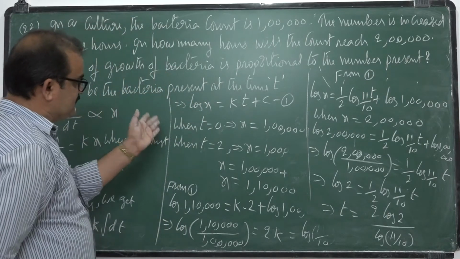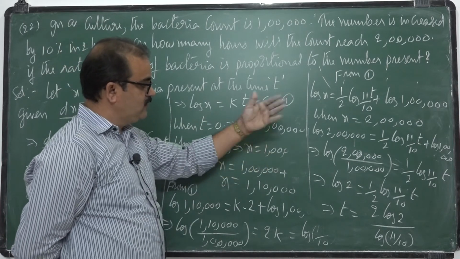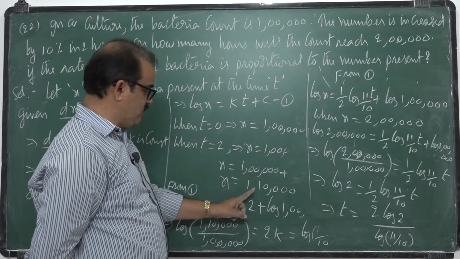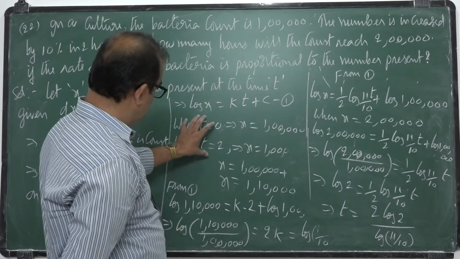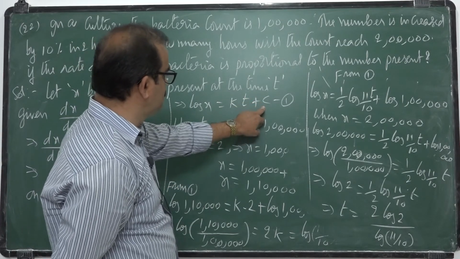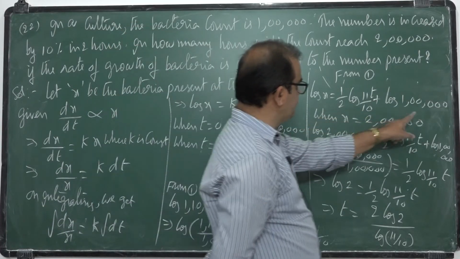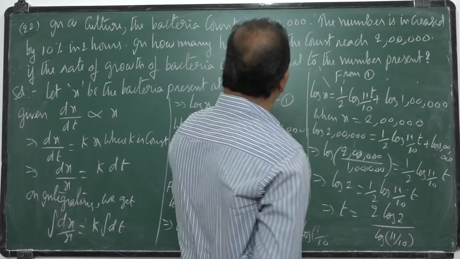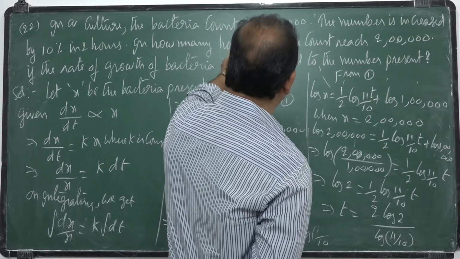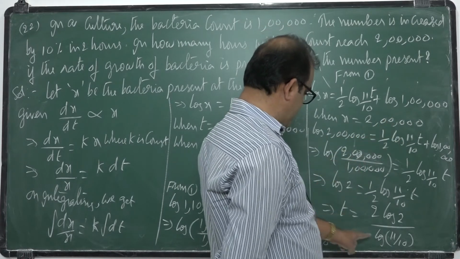After 2 hours it increases 10%. Increases means add original amount with 10%, 10 by 100 into that amount, we get 1,10,000. On applying these two conditions, find k value and c value. Again substitute in equation 1, then we get this equation. In how many hours find the value of t when x is equal to 2 lakhs.